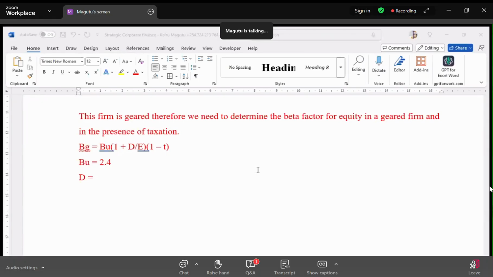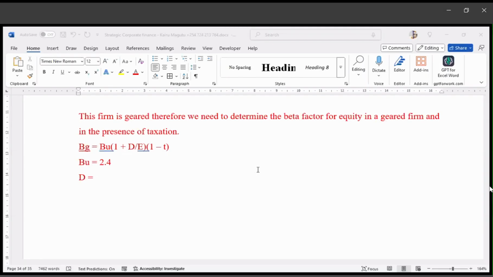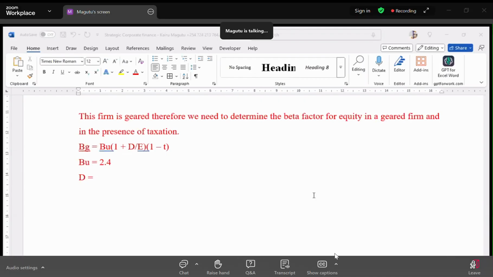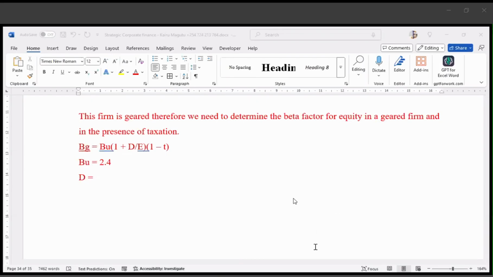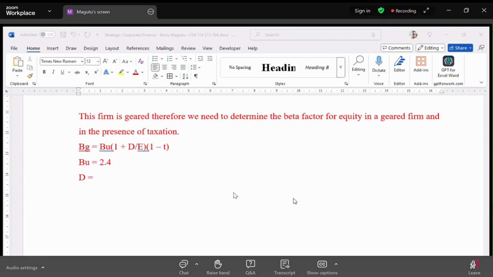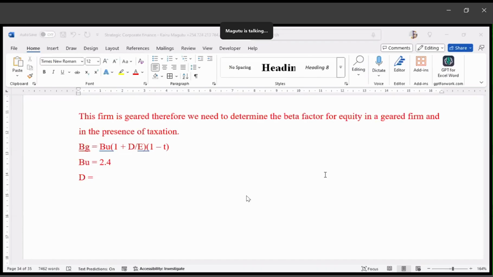Do you have the debt somewhere? The market value of the debt. Where is this debt? So we are told yes.